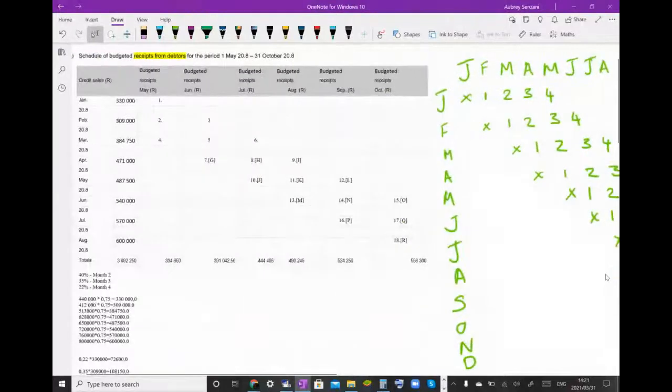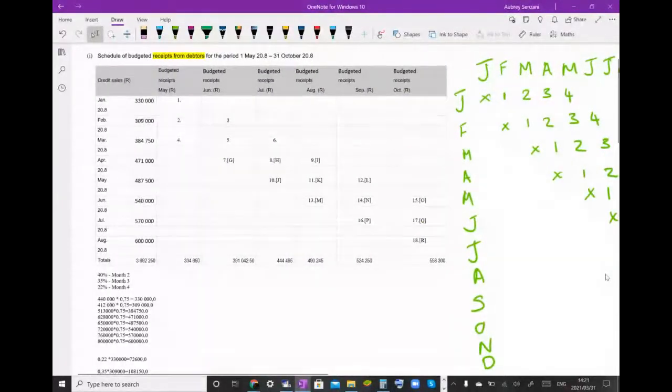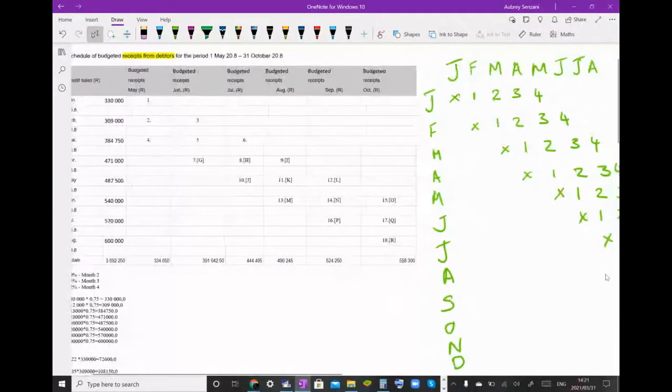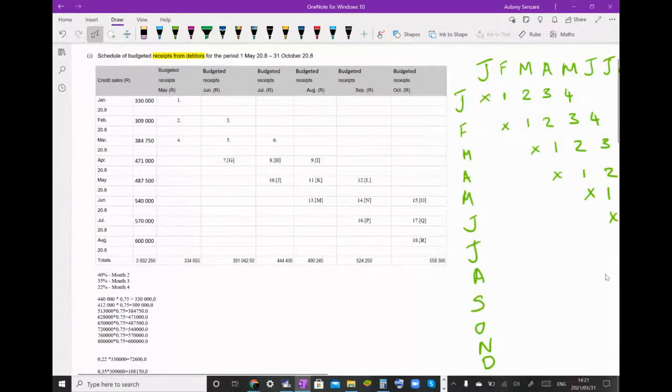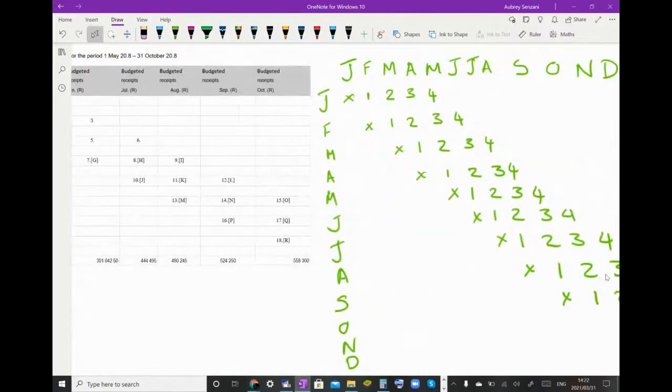So now that we have that, I think we're going to use that also for, what's this? We're going to use that also for, what's it called? For the creditors schedule. So we're interested in months. Let me use a different color here.